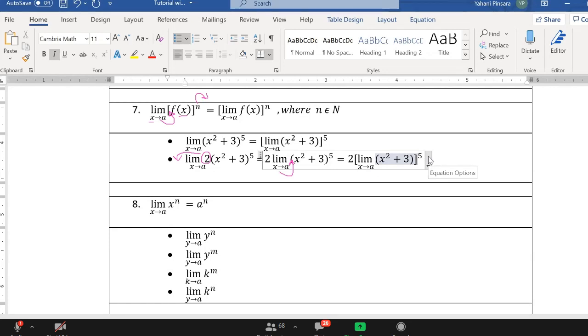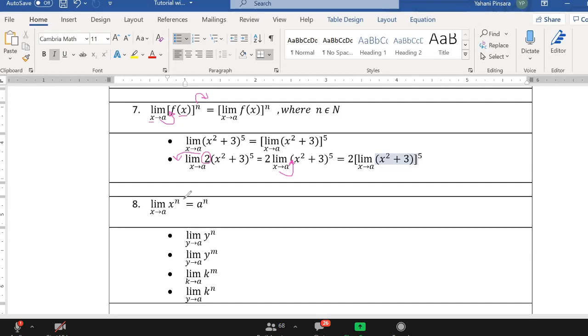If you have any question, please ask me right now. Okay, then I'll move on to the 8th one. In the 8th law, you have to find x to the power n.